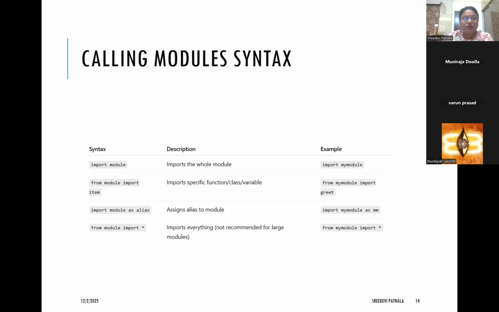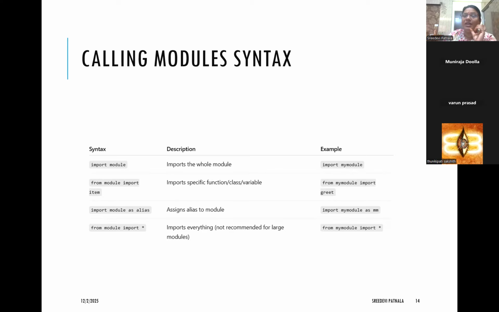I told you there are four types which can be called. Simply, you can say import module, which imports the whole module, whatever functions you have. The second one is from module name import that particular function, that is, only that particular one. And import module as alias name. An alias name is nothing but, instead of calling me Sri Devi Patnala, you can call me Sri. Like that.